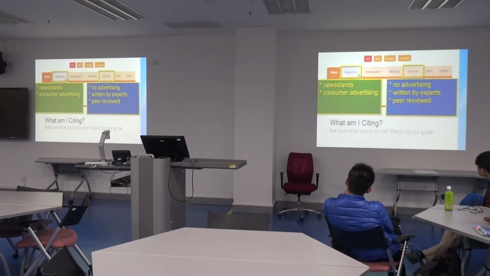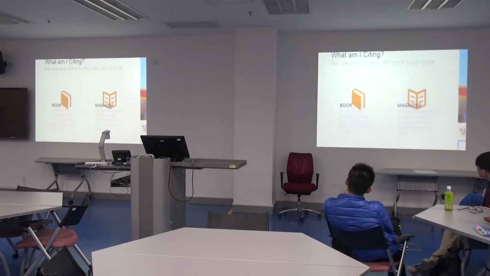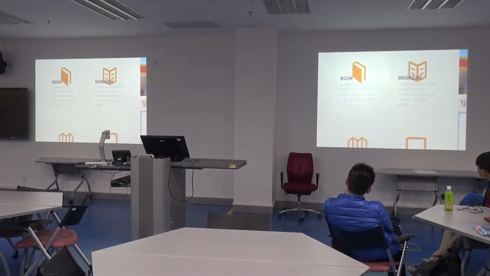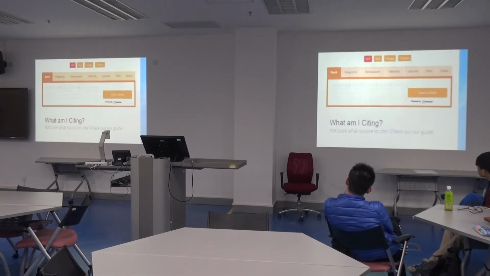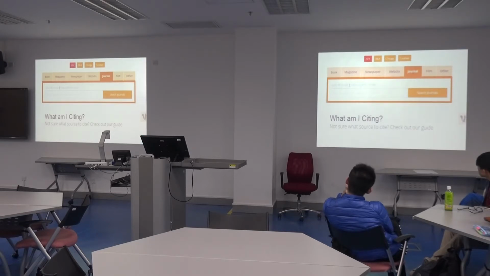A magazine's articles are written by staff writers and rarely reviewed by outside experts. If you need more explanation, Citation Machine provides a quick definition of each in the boxes below. Okay, let's choose a journal, since this is the type of publication your professors most often recommend that you use.